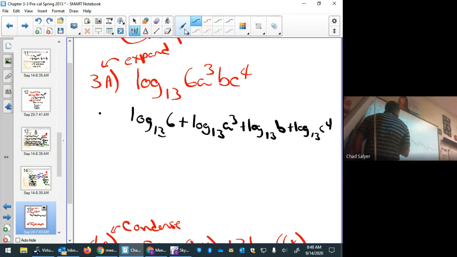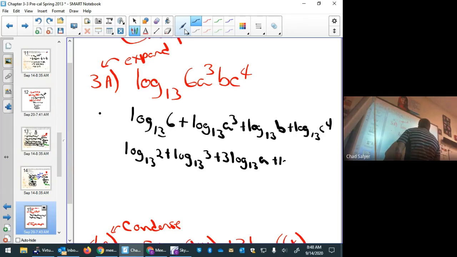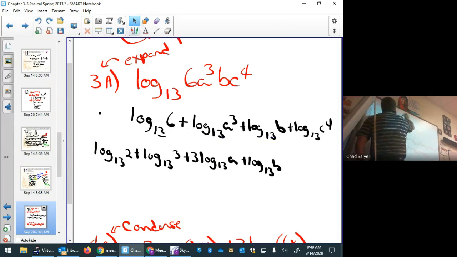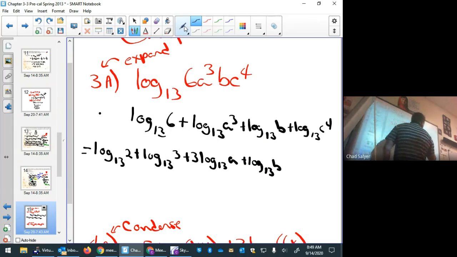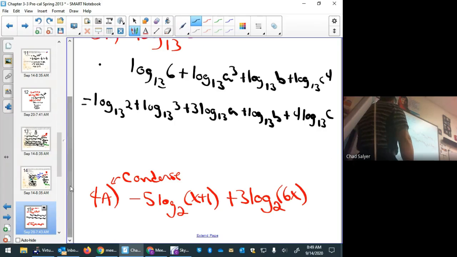I'm going to rewrite 6 as 2 times 3. And then I'm moving the exponents out as coefficients. Okay, so that's the first one, that big old long mess.